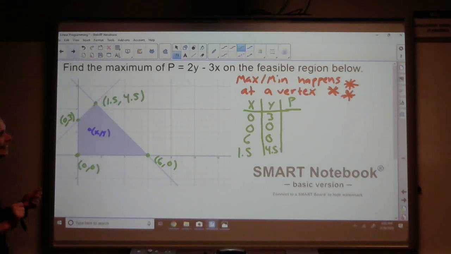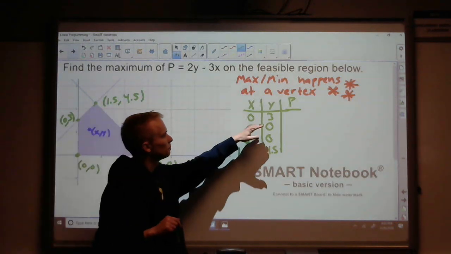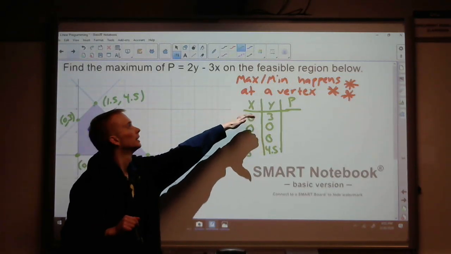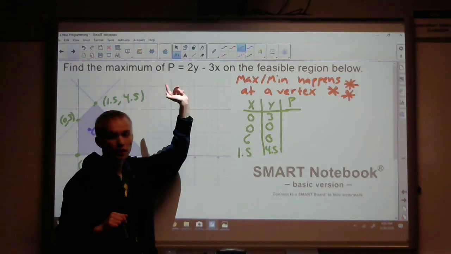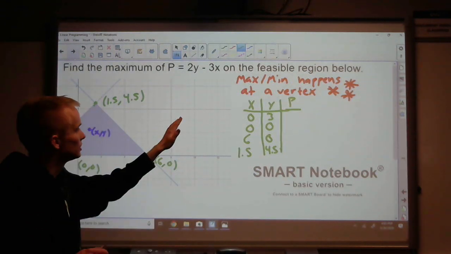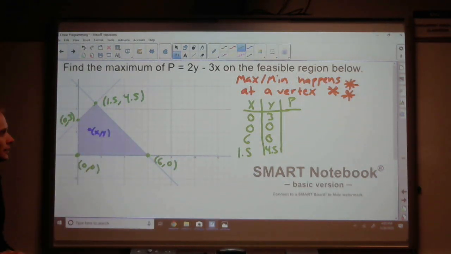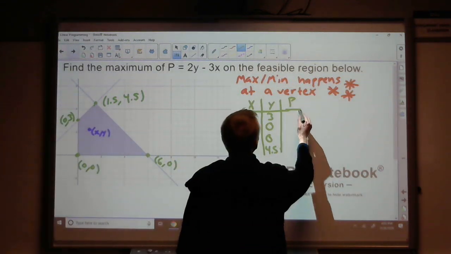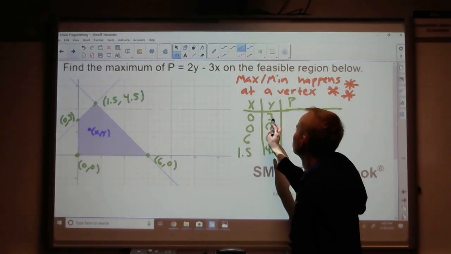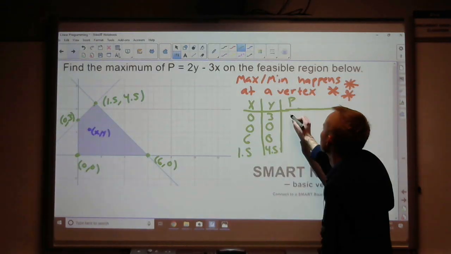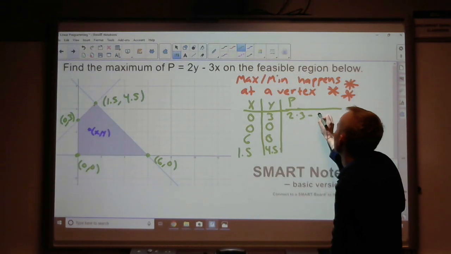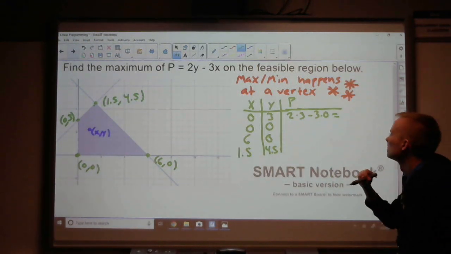So now all I need to do is plug in the x and y of the vertice into this original function, and check between these which one is the biggest. So I'm going to plug in 0 for x in here and 3 for y. So I do 2 times 3 minus 3 times 0.